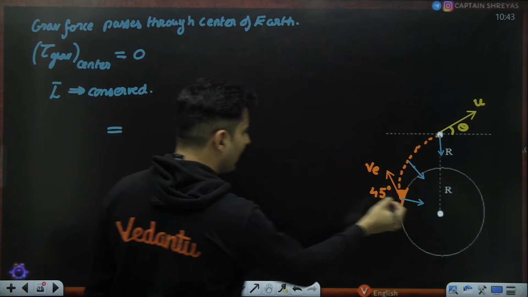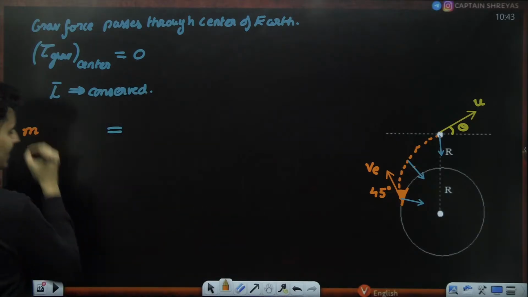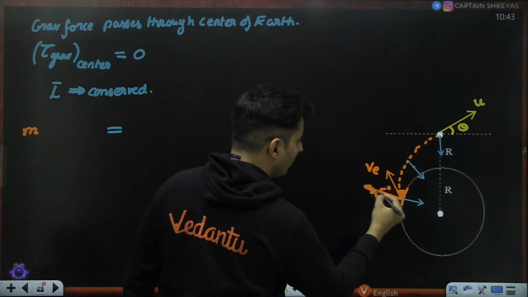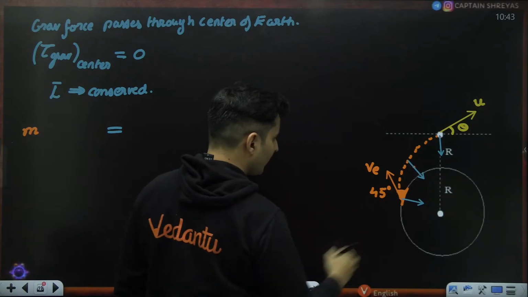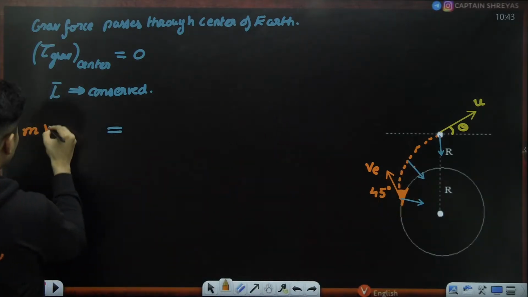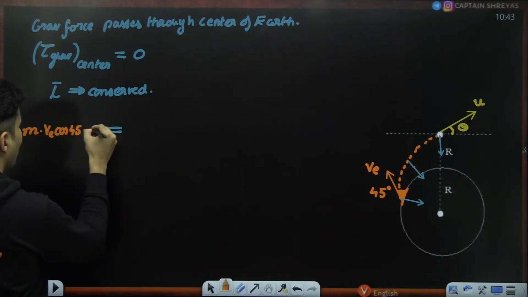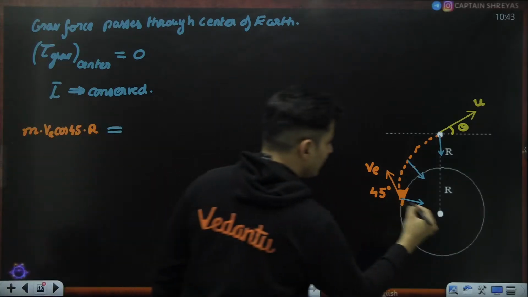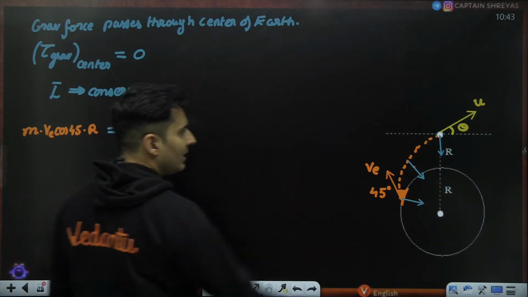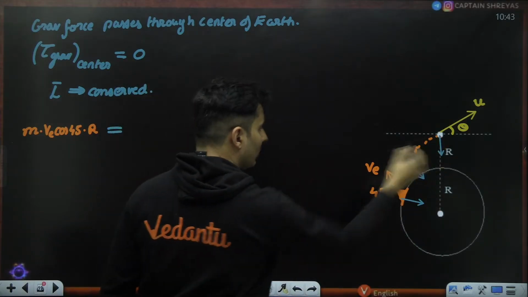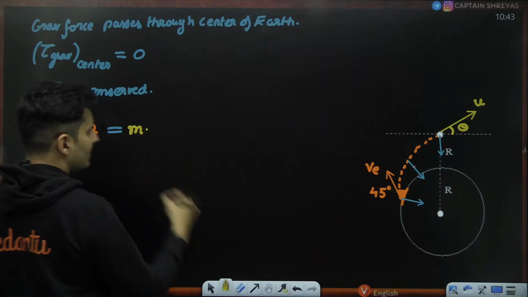If you notice, initial angular momentum will be mass, do not take the vertical component, take only this component, so VE cos 45 multiplied by distance. Distance is basically R only. Later on, the angular momentum will be mass into velocity.